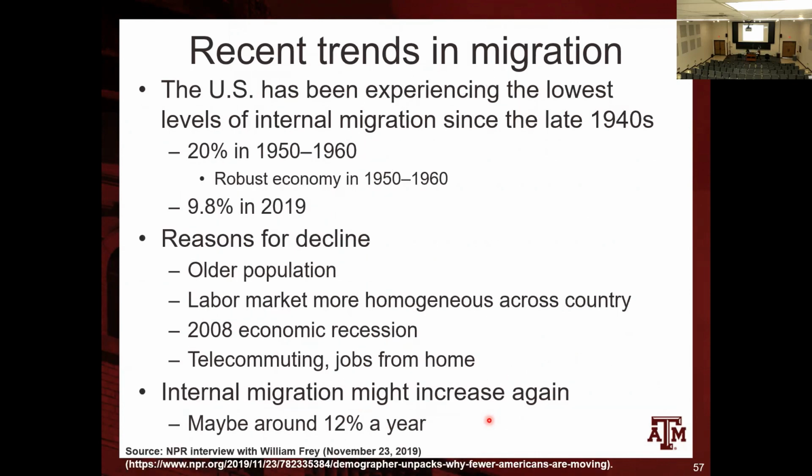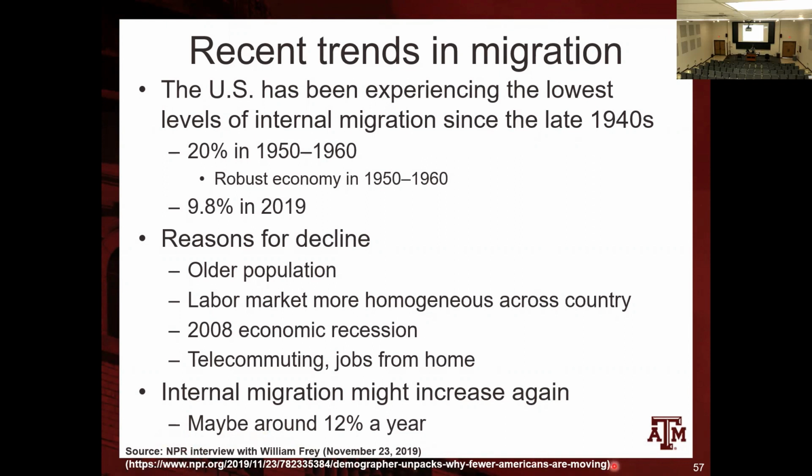And this slide here is the one where I summarize the article written by William Frey in 2019. I put the link to his article on the course website, and he also gave a short interview to NPR, which is also on the course website.